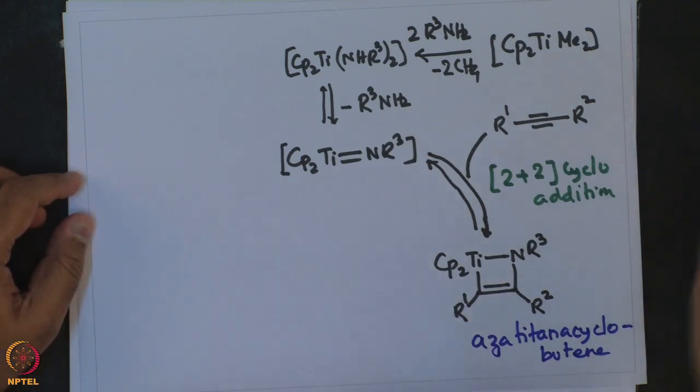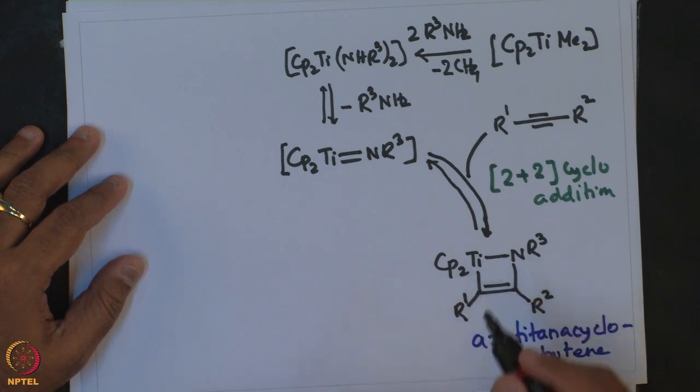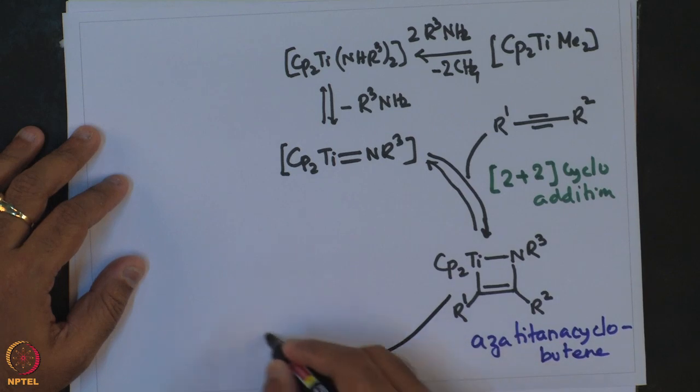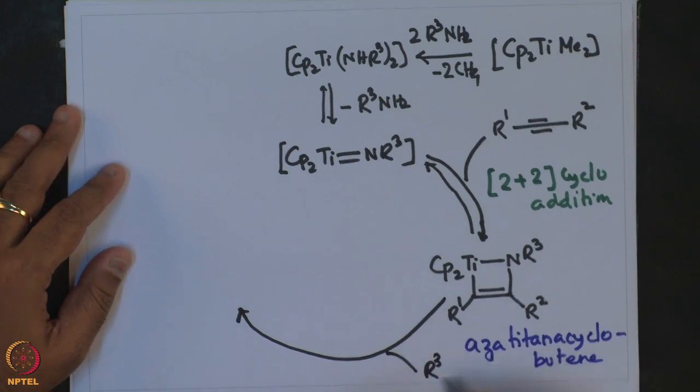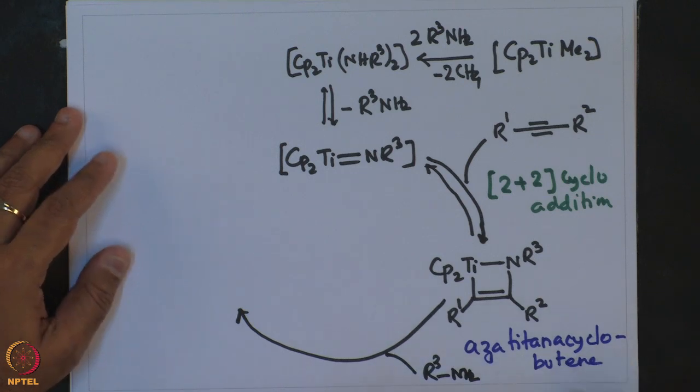So, this species then reacts with another molecule of the amine, R3NH2, to give this.